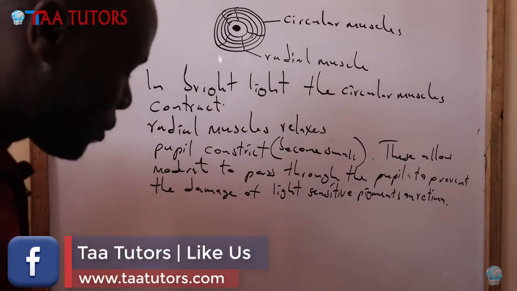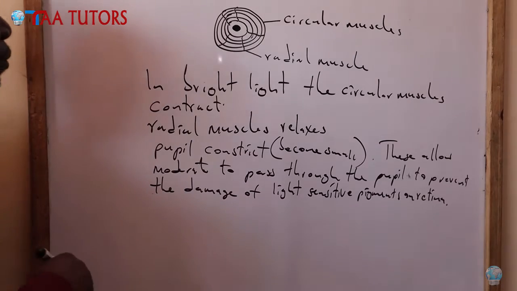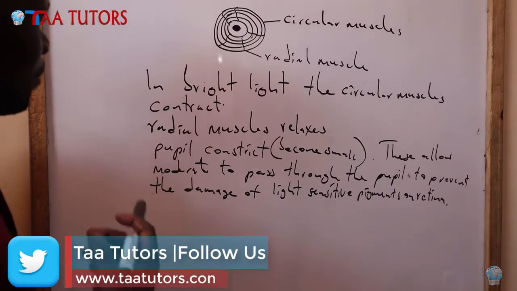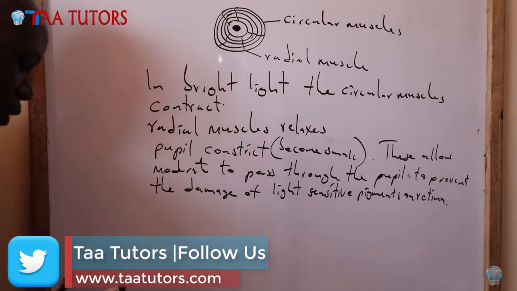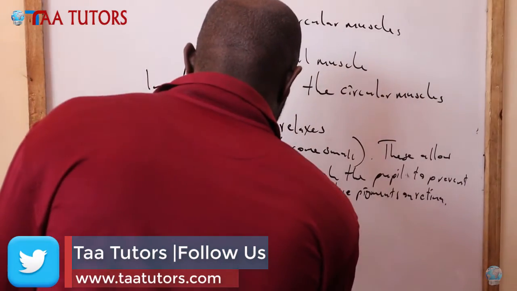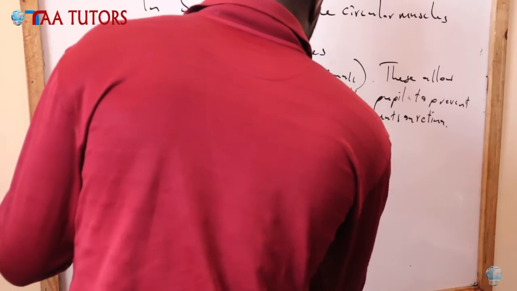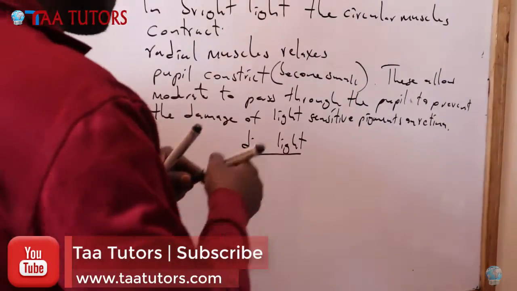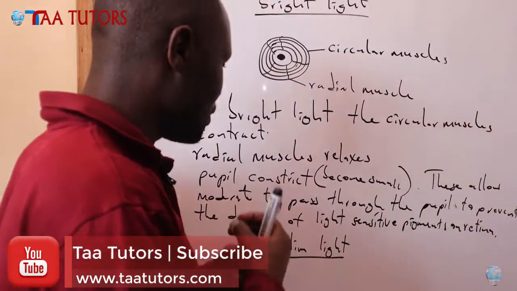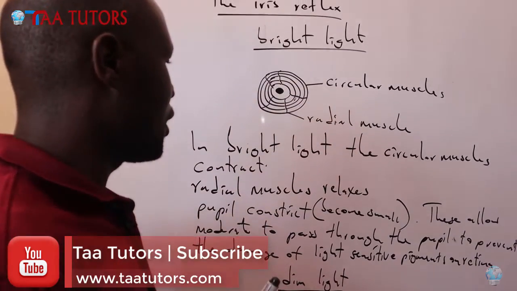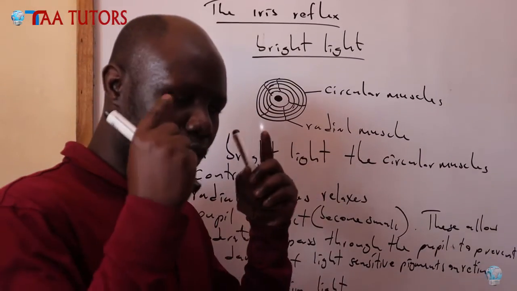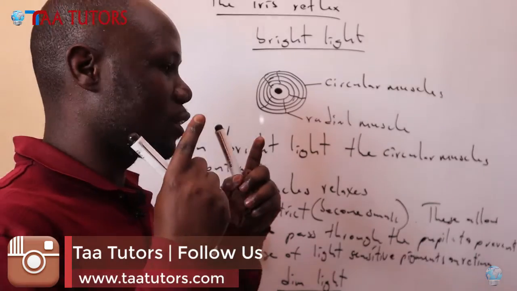Now equally, we can also realize the situation when the light is dim. Now one thing that I want you to understand, there is always that biological concept you should focus on, and not lose focus on.